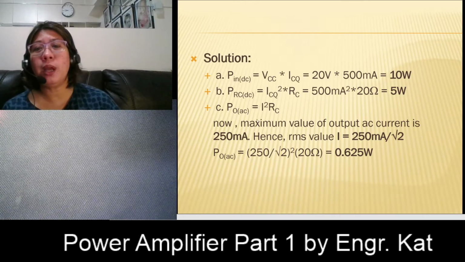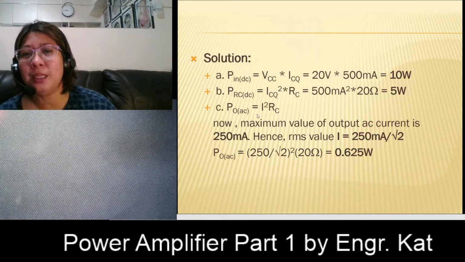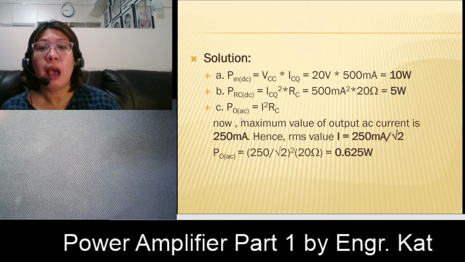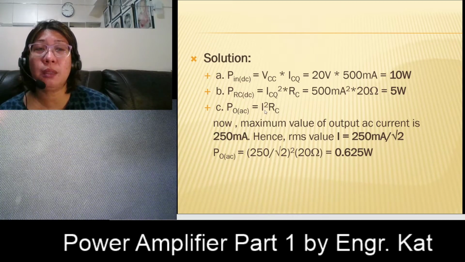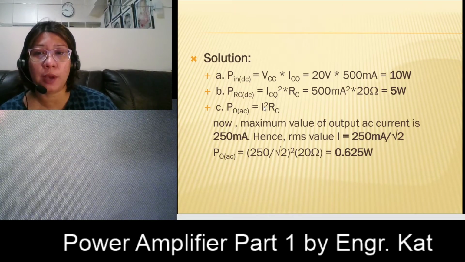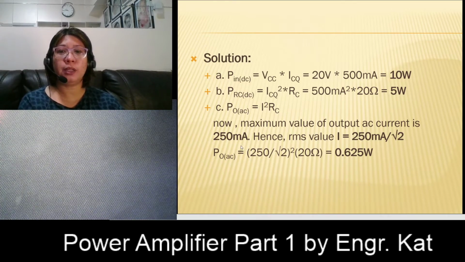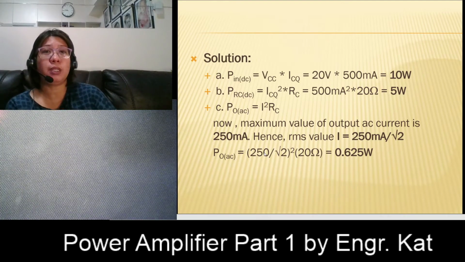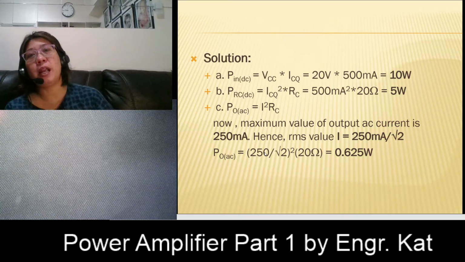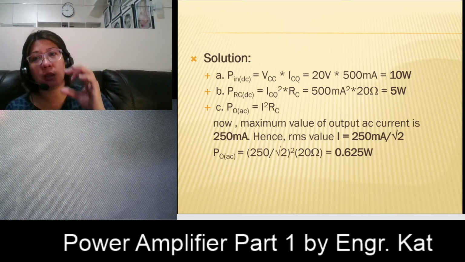Okay, now we want the AC power, which is I squared RC. However, this I here must be in terms of the RMS value. Now, the maximum value of your output AC current is 250 milliamperes because the problem says it varies from positive 250 to negative 250.